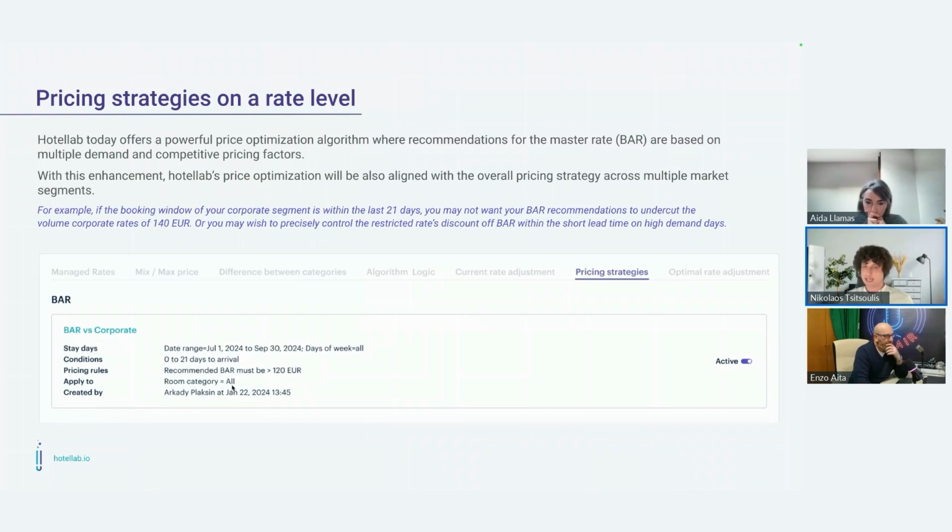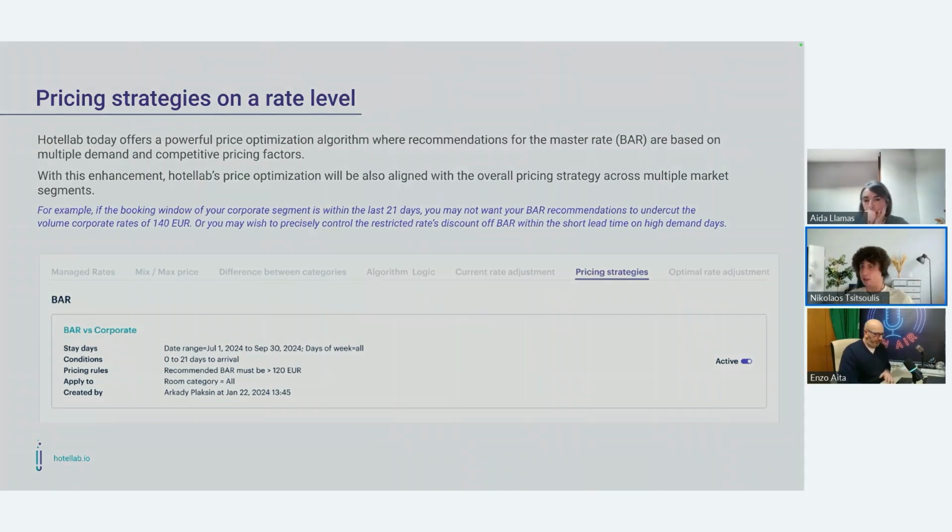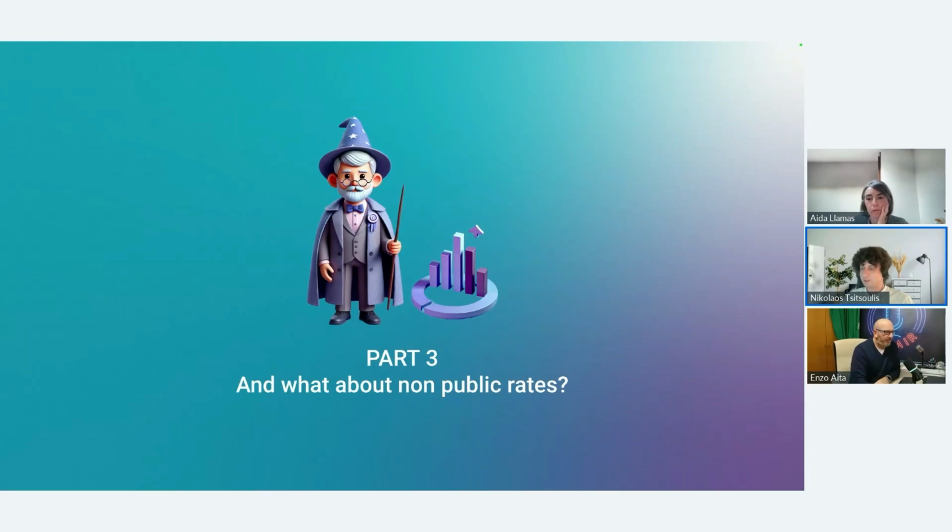That would basically allow me to precisely control multiple price points, including derived rates, right? Because it's not only about increasing BAR level or decreasing BAR level, it's much more about the whole pricing structure rather than about BAR pricing.